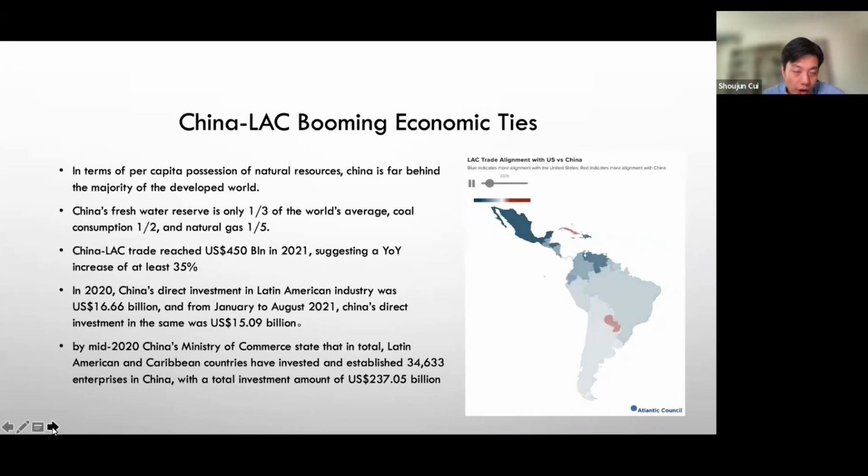Last year, China-Latin America trade reached more than 450 billion US dollars, suggesting a year-to-year increase of at least 35% over the last decade. So this is really, really fast. In 2020, China's direct investment in Latin America was about 16 billion US dollars.